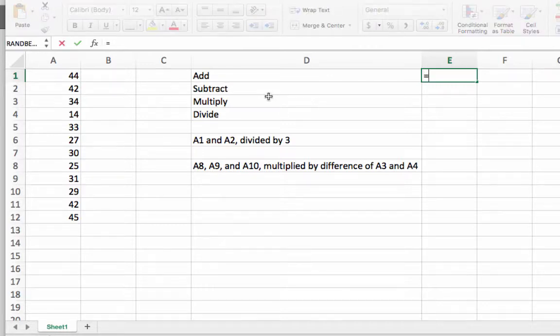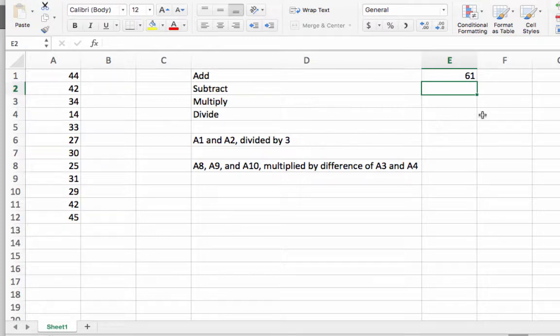I start off by typing equals, and so I want to add, let's say, this number plus this number. You see what I have there, A3 plus A6. When I press return, I get the answer. If I hover over the answer, it shows me up here what the formula is.